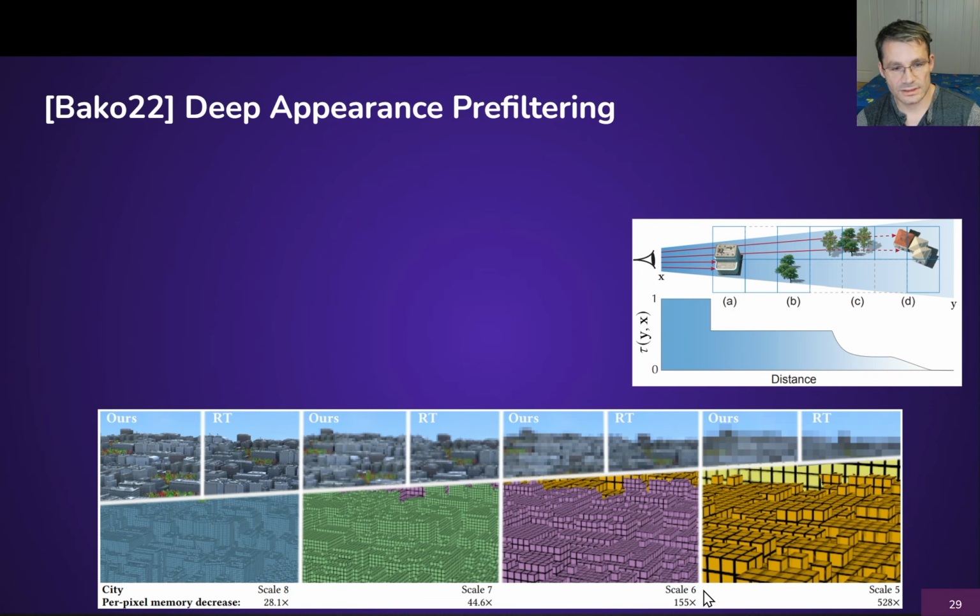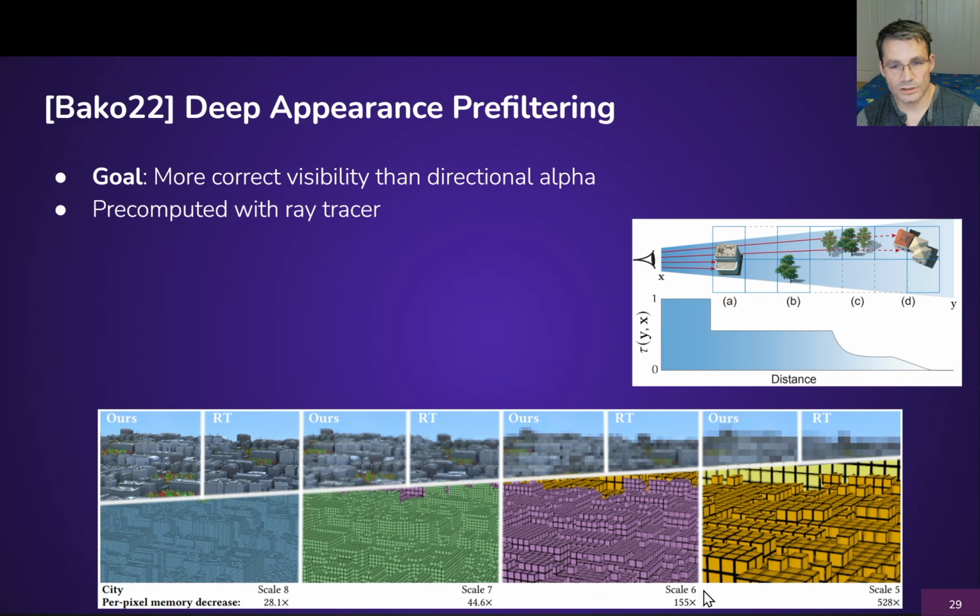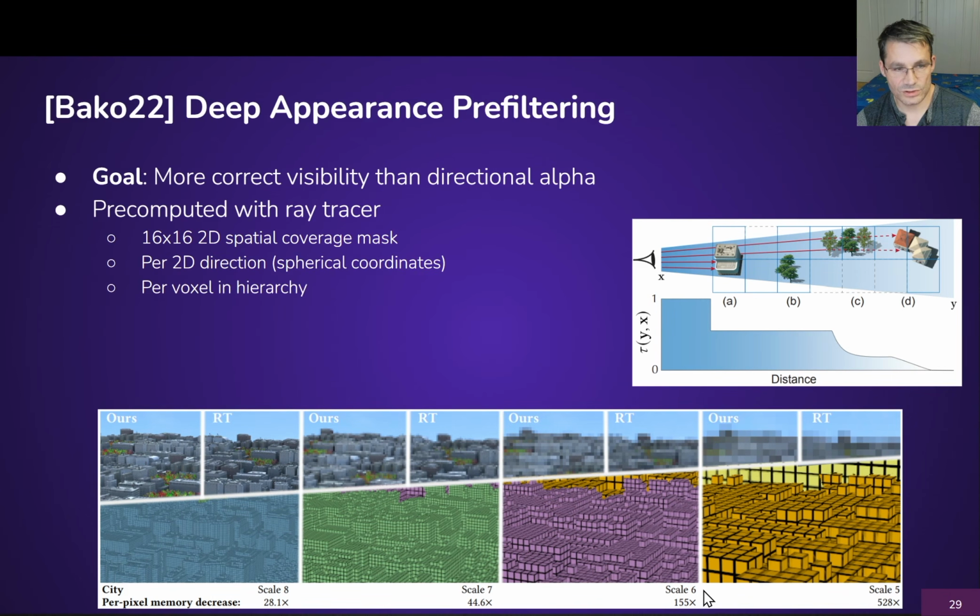This is very interesting pre-computation work where a pre-computed bitmask is used to later decide how to correctly render with some kind of anti-aliasing, how voxels occlude each other in a very correct way.